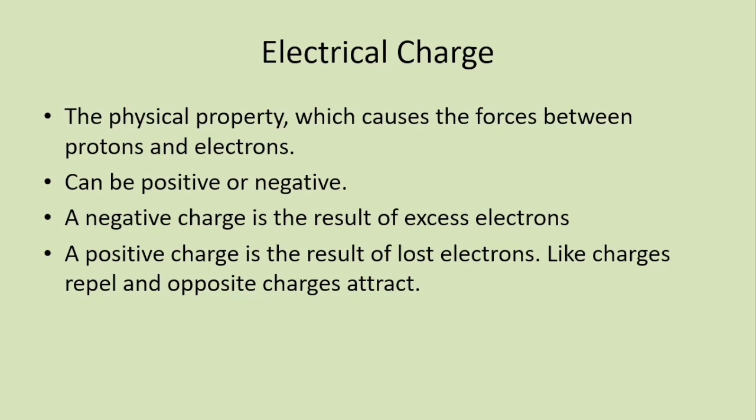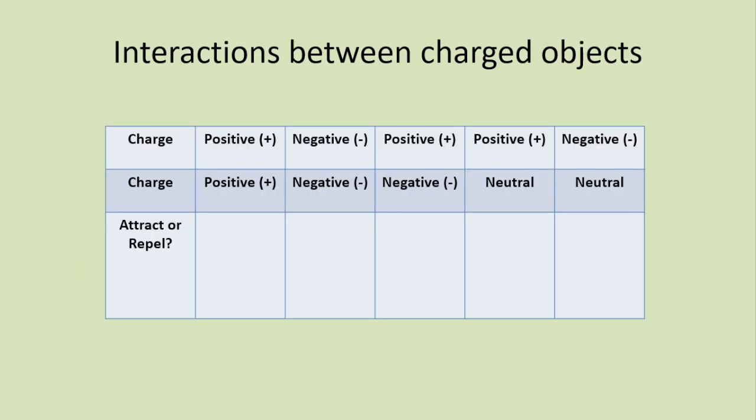Like charges are going to repel, and opposite charges attract. And again, when we say positive charge, it's not because we've gained a lot of protons, it's because we've lost a lot of electrons. Electrons are the only ones that we are losing or gaining, meaning that a loss of electrons makes us positive, and a gain of electrons makes us negative.